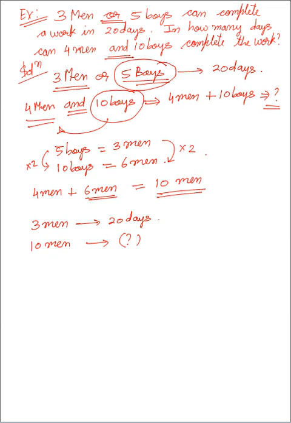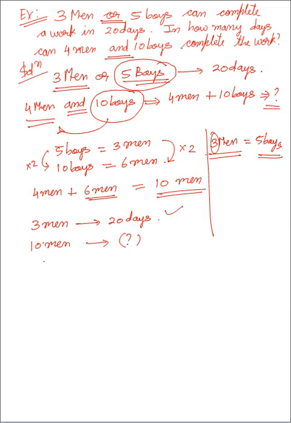So total 10 men, because the work done by 3 men is equal to work done by 5 boys. Basically 3 men is equal to 5 boys. It is efficiency. The work which can be done by 3 men will be done by 5 boys. So here 3 men can do it in 20 days, 10 men can do it in how many days?